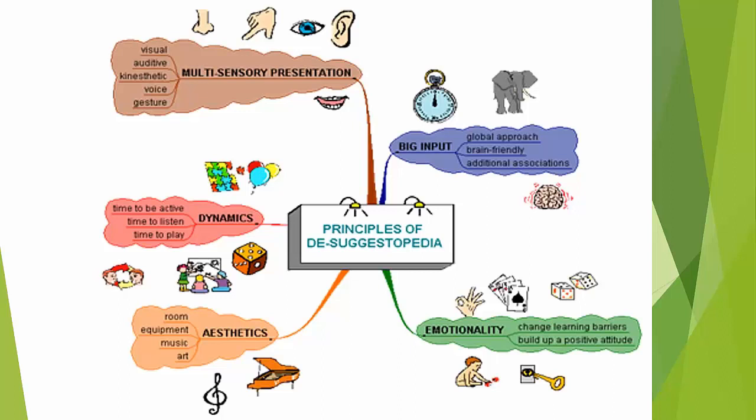Here, we consider different things. For example, a big input. If we don't bring big input to our students, we have to consider this first. Here we have big input that has to do with the global approach.